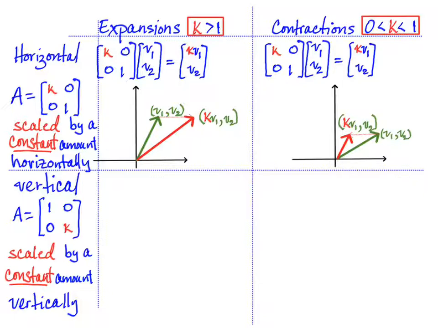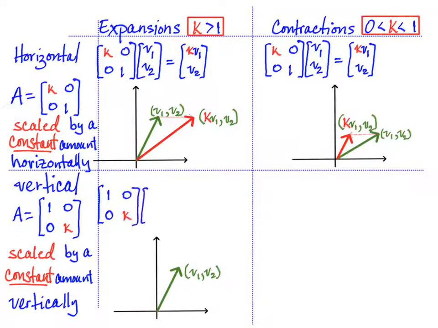Okay, so let's look at the vertical expansions and contractions. So we start with a vector v1, v2, and let's multiply it by the standard matrix. And the first component stays v1, but the second component changes. It becomes kv2.